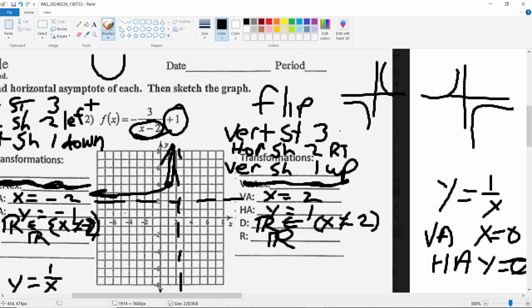I have to find it. So it's like down there. And it goes like that. I think I did that wrong. At x equals, well, I don't want to do x equal 2.